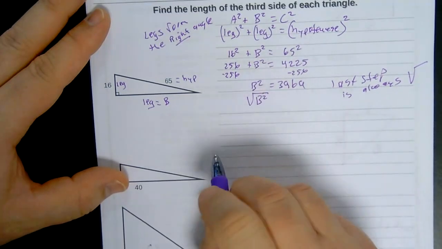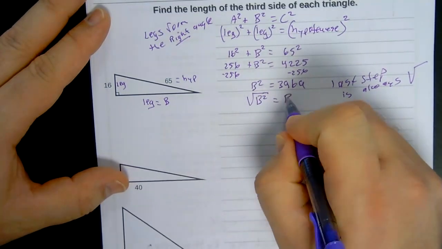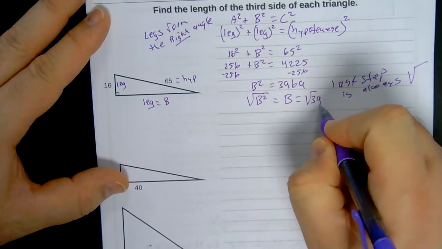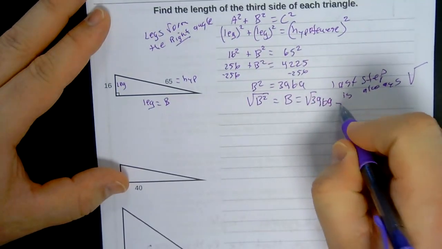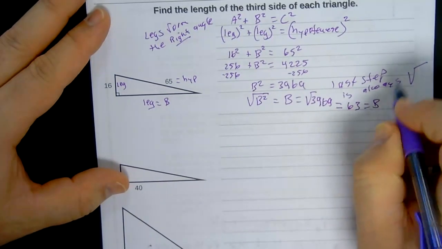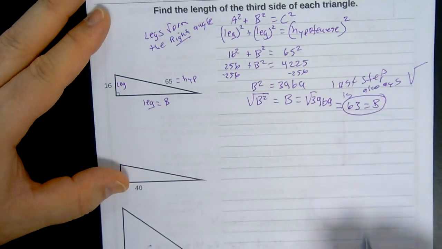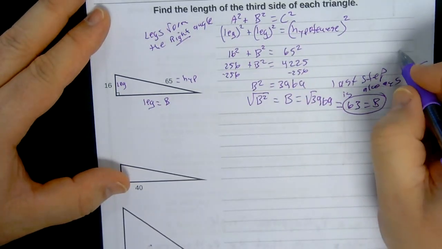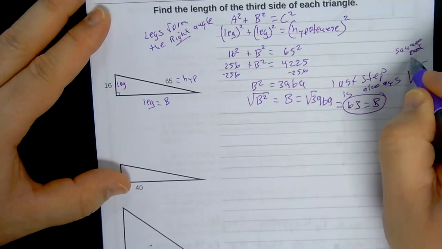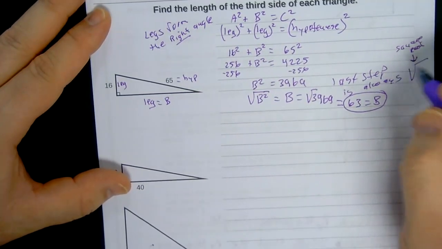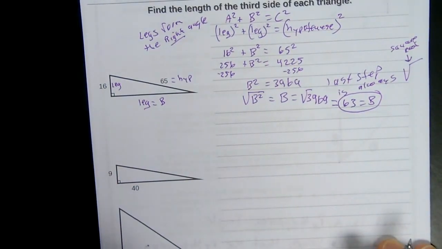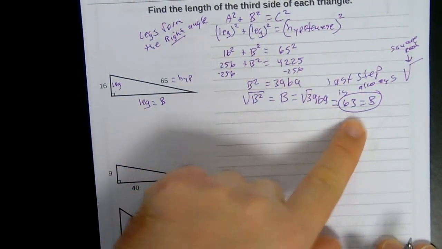So the square root of b squared will give me b, and that's going to equal the square root of 3,969, which is going to be 63. Our last step, again, square root. Square root your final answer, and this will give us 63.